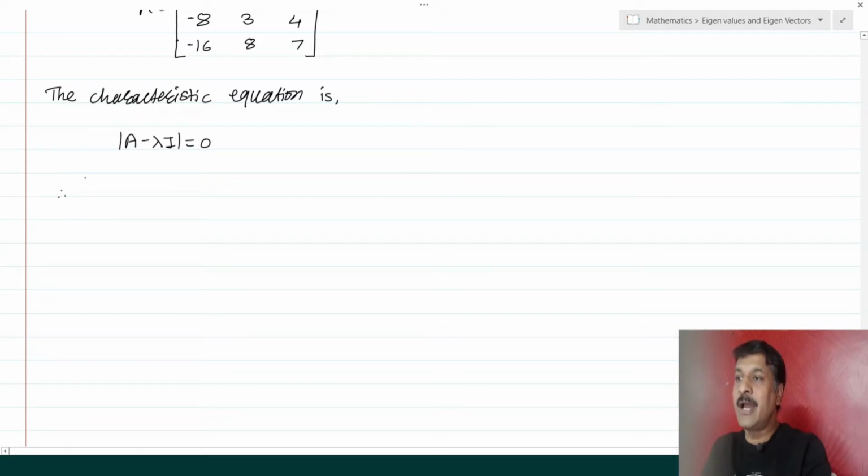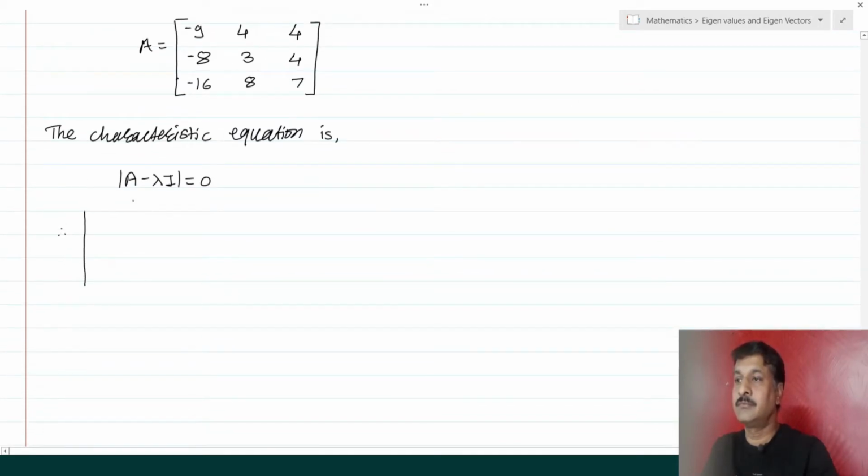Therefore, I am getting here a determinant of minus 9 minus lambda, 4, 4, minus 8, 3 minus lambda, 4 and minus 16, 8, 7 minus lambda.